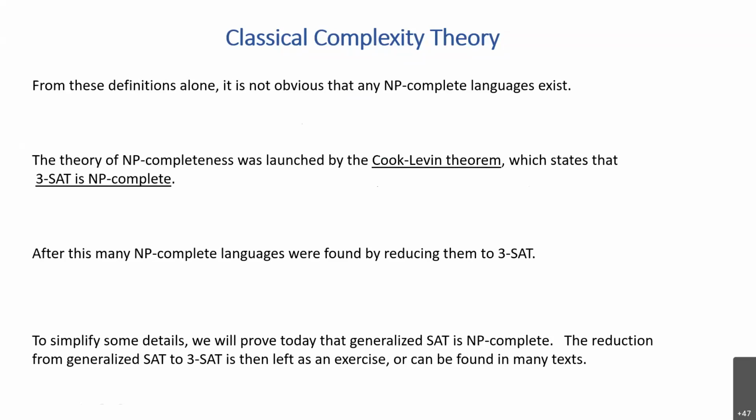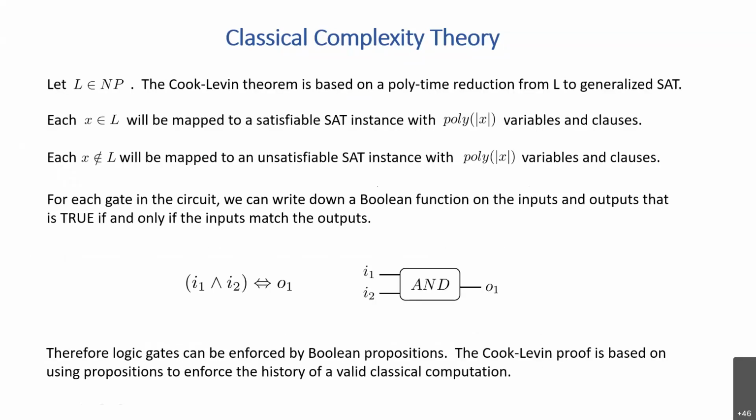And I want to explain the core idea that connects this constraint satisfaction problem to this idea of non-deterministic computation with a witness. Reflect for a moment on how different those two sound on the surface. Okay, so here's how it works. Suppose some language is in NP.